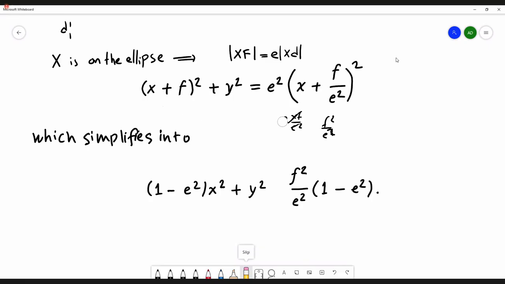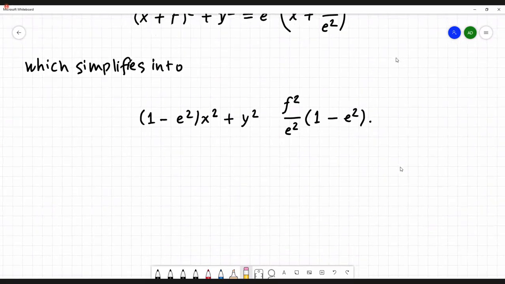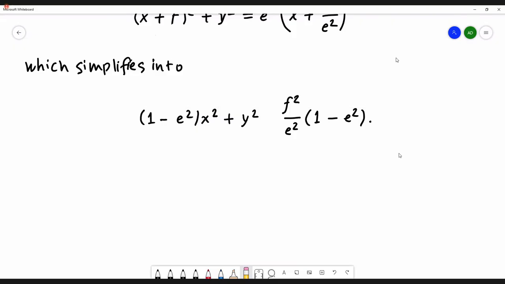Okay, now we have obtained the equation of the ellipse. The equation of the ellipse is in this form. We cannot simplify it further, but we can obtain a simpler equation if we give names to certain quantities.